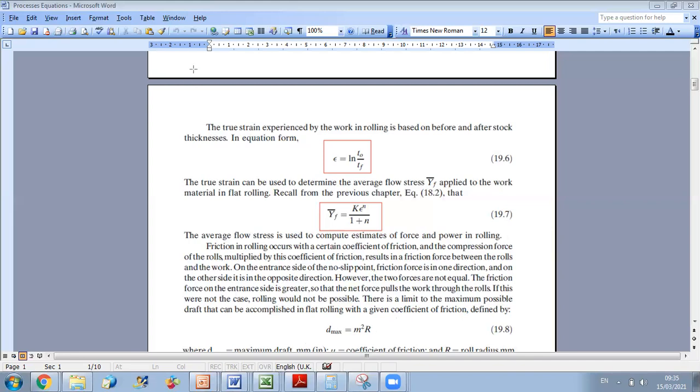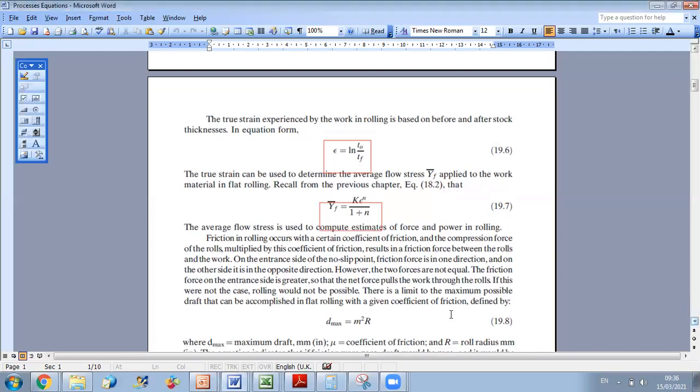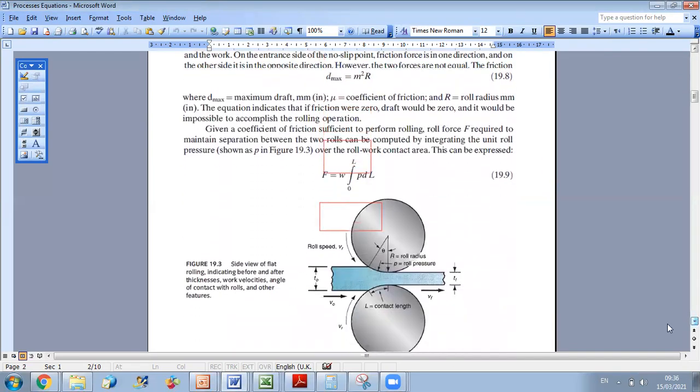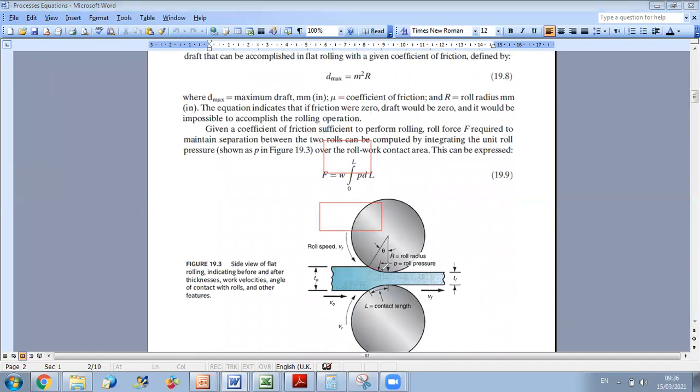Now, if I want to just do the analysis of these terms, the average flow stress is applied on the contact area between the work part and the roll part. So this is the contact area. Here I have a certain arc of circle, and of course I have a certain length of my work part.